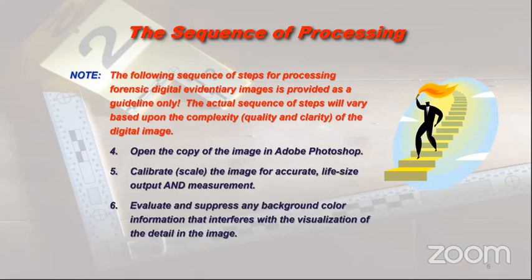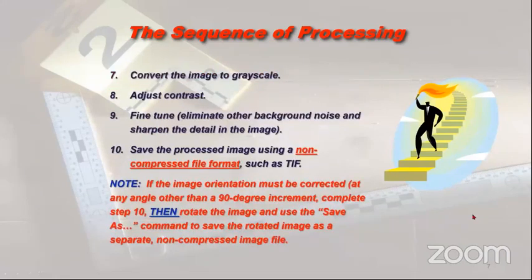We also have the bit depth or the dynamic range, which will give us the clarity. And both of these components will help us in this process in terms of evaluating the background colors and suppressing those background values.